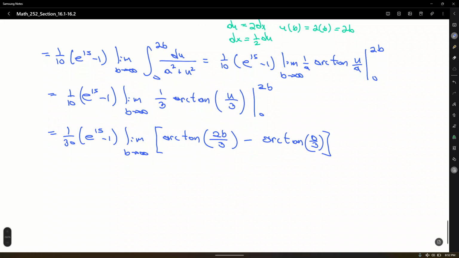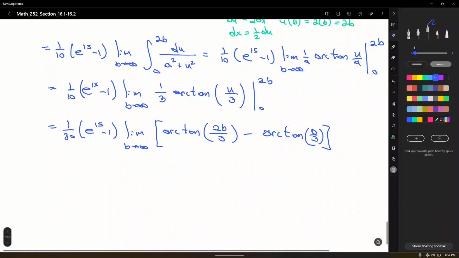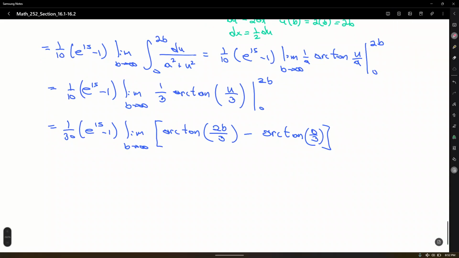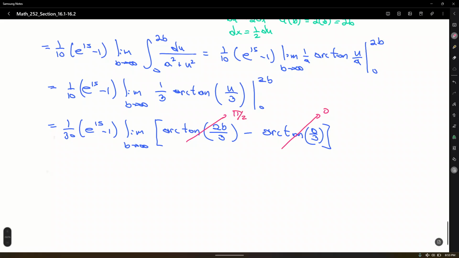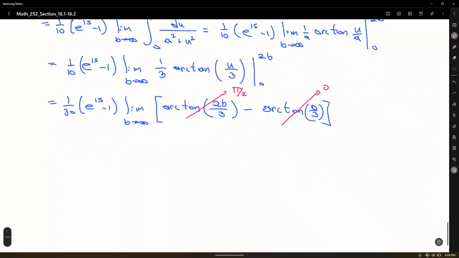Arctangent of 0 over 3 is going to give us 0 because arctangent of 0 equals 0. However, arctangent of 2b over 3 as b approaches infinity is going to ask us to compute arctangent of infinity, but we know arctangent of infinity equals pi over 2. In fact, that's the upper horizontal asymptote of the arctangent function.